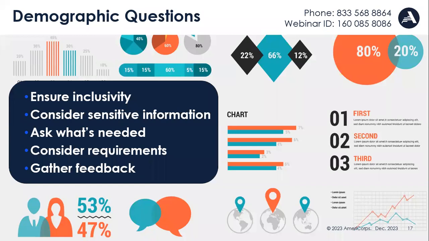We typically recommend including these questions at the end after they've offered their feedback or indicated their preferences or whatever the main body of the survey was designed to do. And that way it doesn't affect their responses. There are a variety of resources available to help you design really thoughtful and sensitive demographic questions. And so we're linking some of those in the chat here.